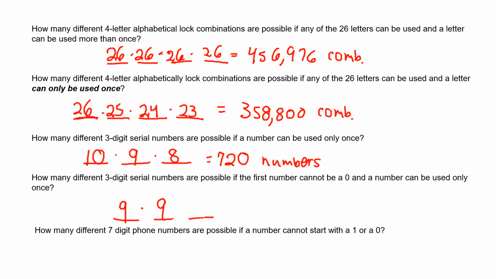Okay, now let's go on to the third slot. Well, again, for the third slot, there are no restrictions. It could be 0 up through 9, except that we've already used up 2 digits in those first 2 slots. So we'd say there's 10 digits possible, 0 up through 9, but we've already used 2 of the digits up.